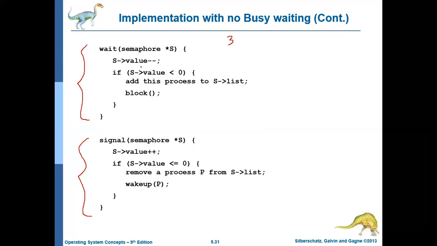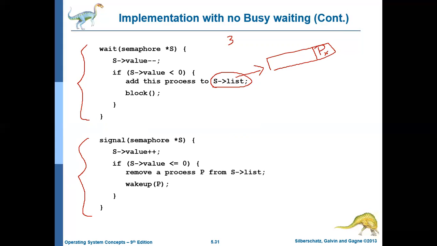If the value becomes less than 0, then this particular process will be added into s arrow list. This list is nothing but a waiting queue. It means currently the resource is not available, so that process is added to the waiting queue. It is waiting for the resource.